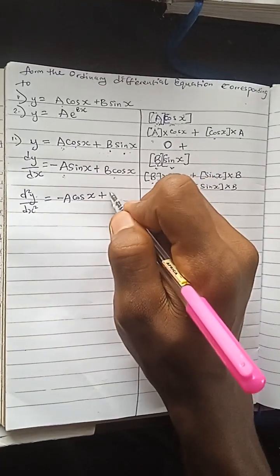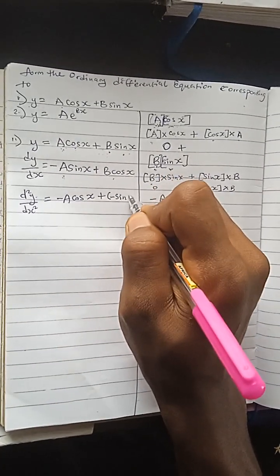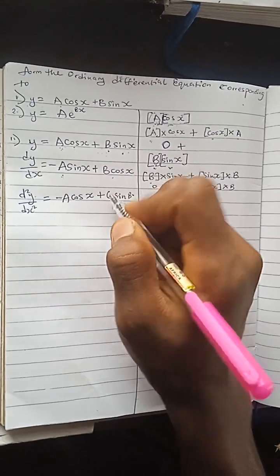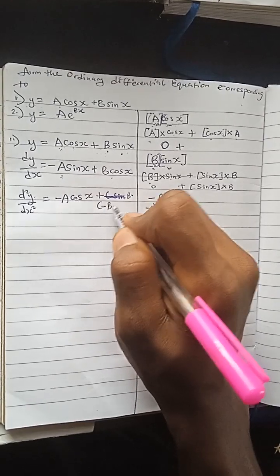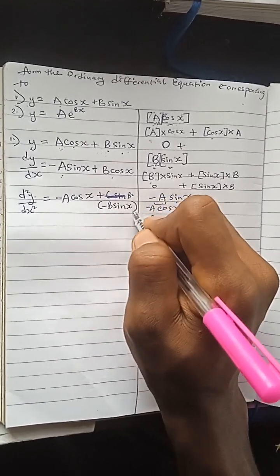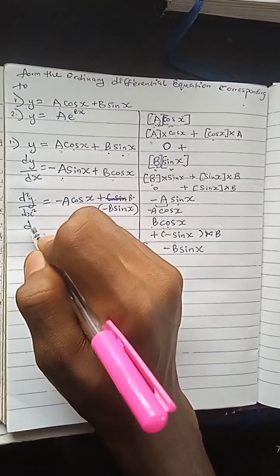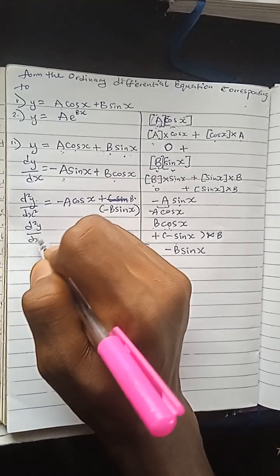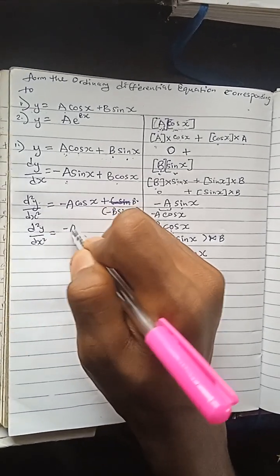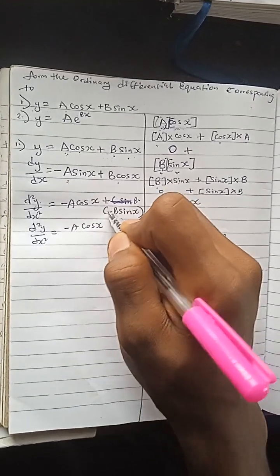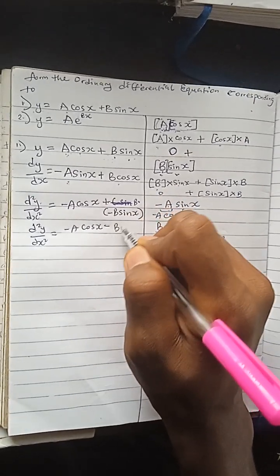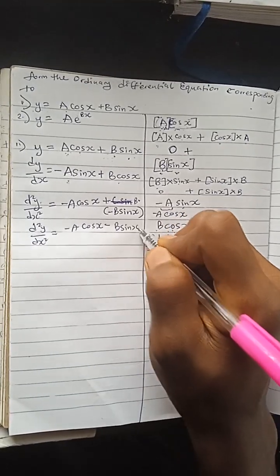So you come over here and put minus b sine x. This will be equal to d squared y over dx squared, which is equal to minus a cos x, and this plus will multiply with minus to give us minus b sine x.